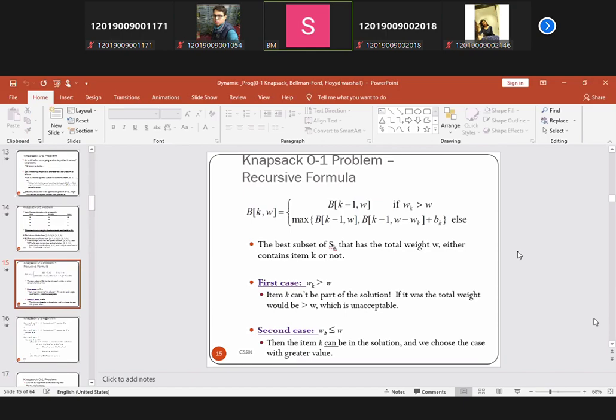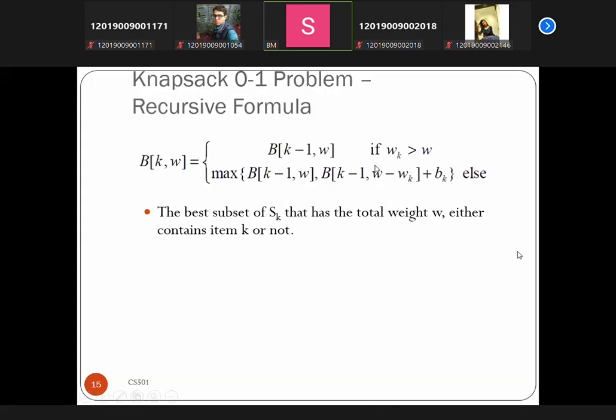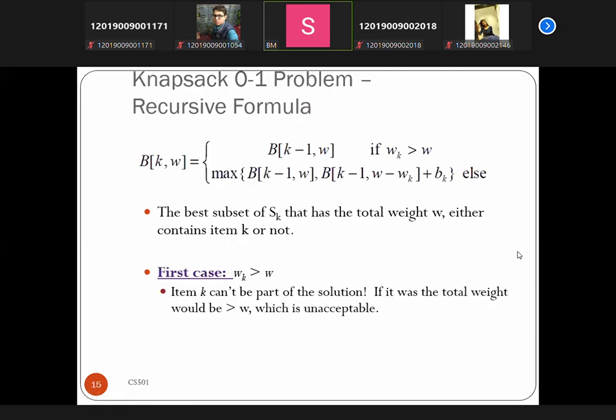K is the row number and W is the column number. W stands for the weight. And look at the matrix, and if you look at the matrix, then you can get the same thing.